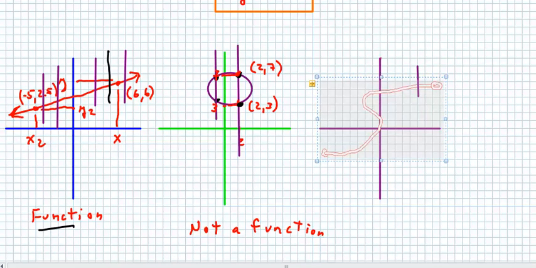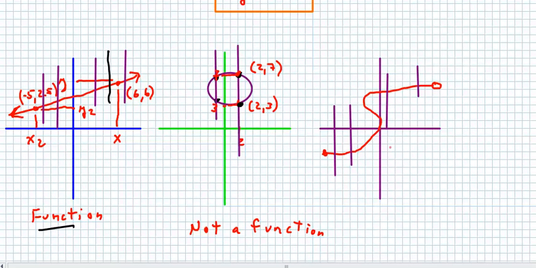Now I'm going to draw my vertical line here. I only hit 1 point. Try here. Only hit 1 point. Try here.